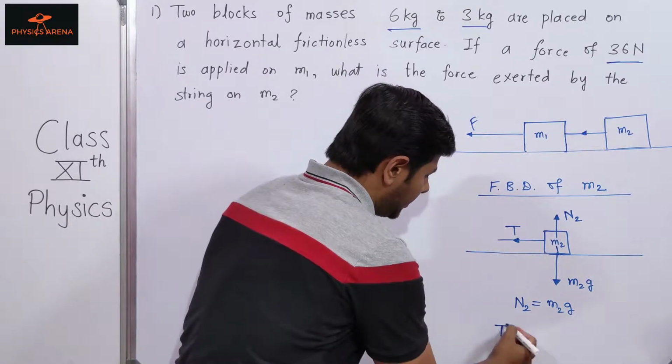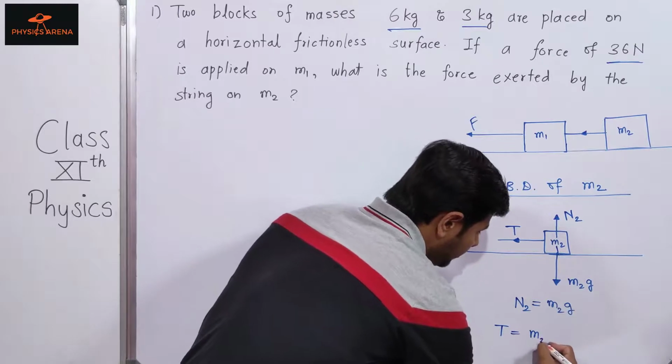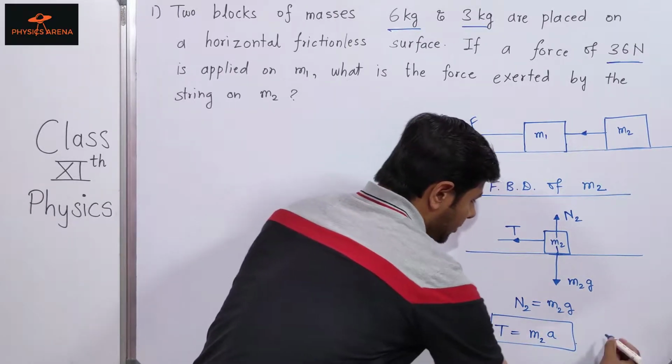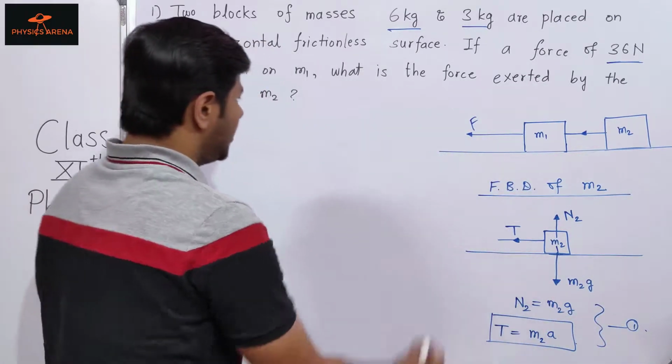So I can say that T equals mass m2 multiplied by acceleration. Let's call this set of equations equation number 1.